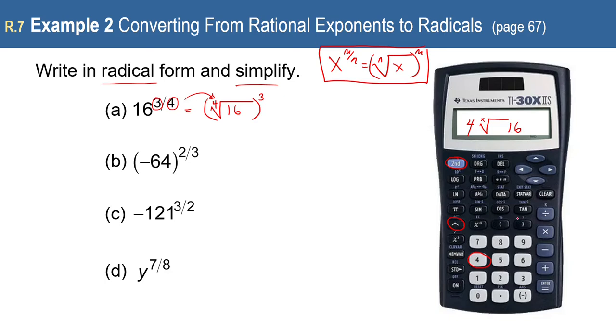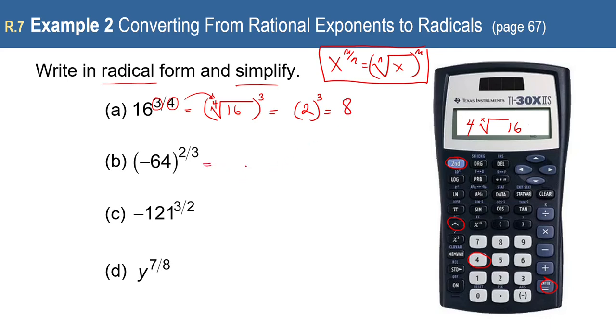Then press equals, and you should get your answer for the fourth root of 16. The fourth root of 16 is 2. So this is equivalent to 2 cubed, and of course 2 cubed, I can enter that or do it in my mind, that's just 8.